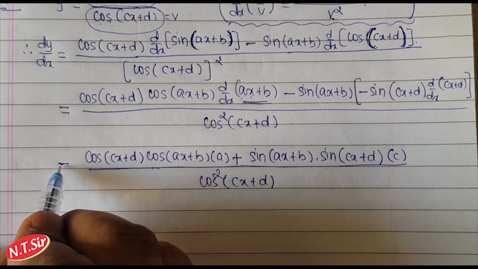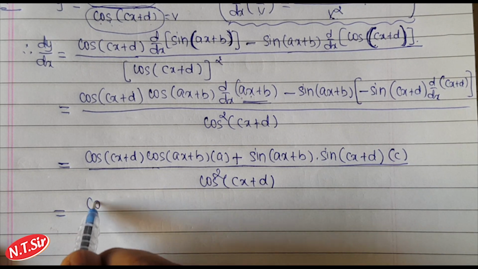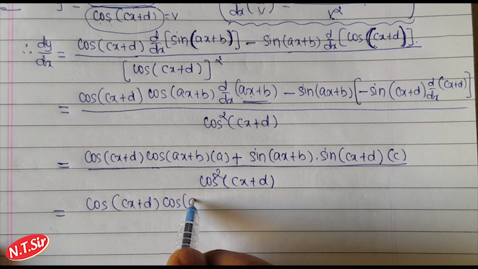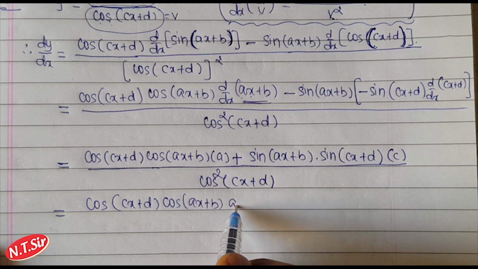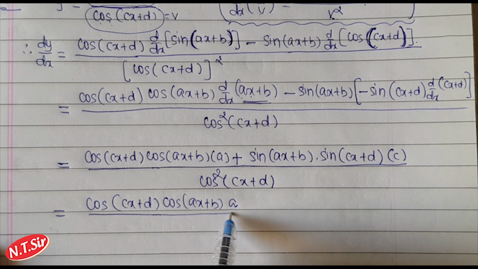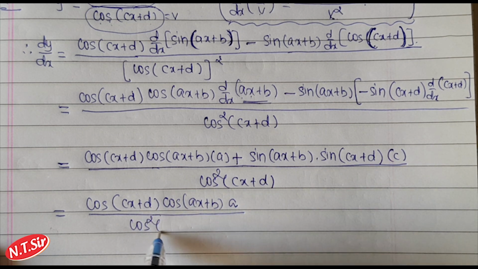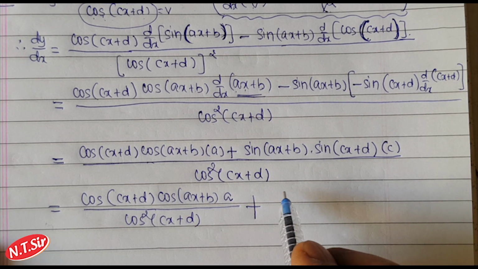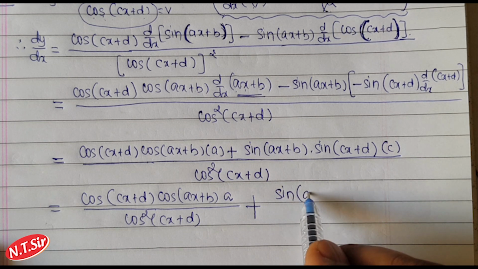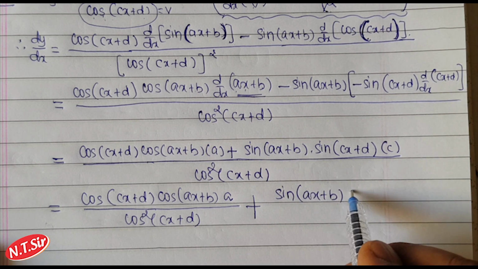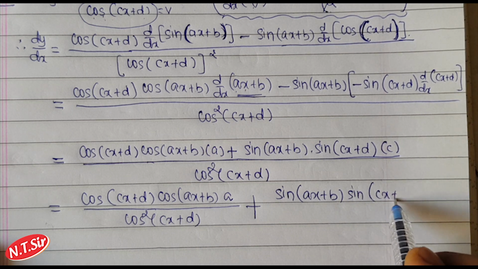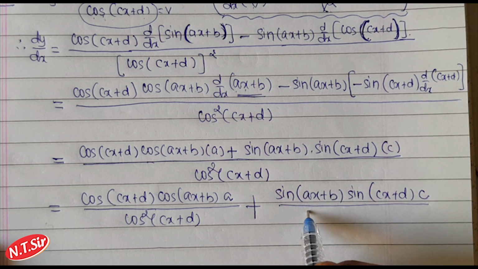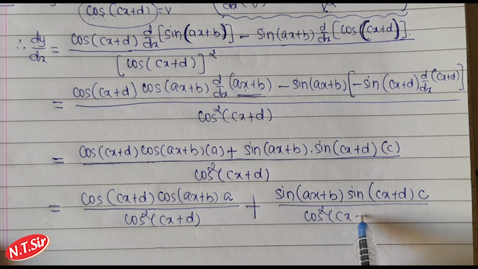Now this is cos(cx plus d), cos(ax plus b) into a, whole upon, bifurcating, whole upon cos square(cx plus d) plus sin(ax plus b) sin(cx plus d) into c, whole upon cos square(cx plus d).